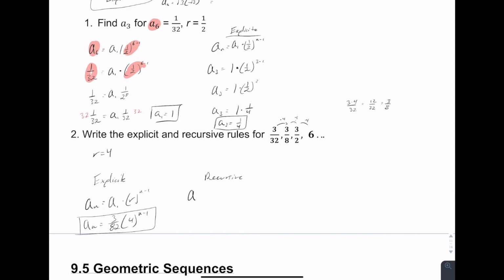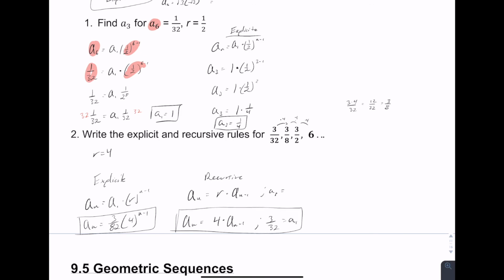So it'd be an equals r times an minus 1, and then I need a1. So it'd be an equals 4 times an minus 1. Oh, sorry, my bad. Literally, you keep the an minus 1. And then this one is 3 over 32 equals a1. And so there we go.